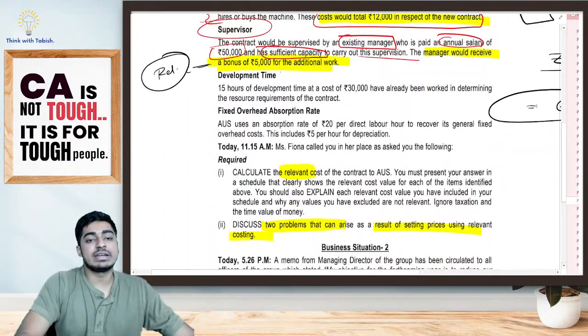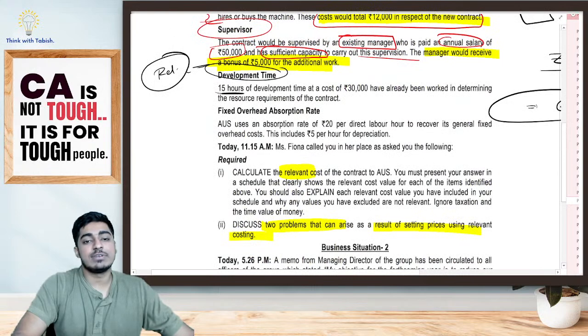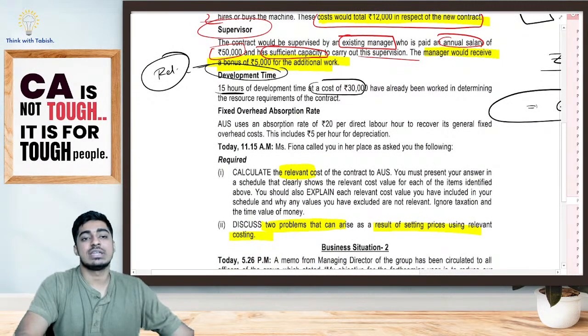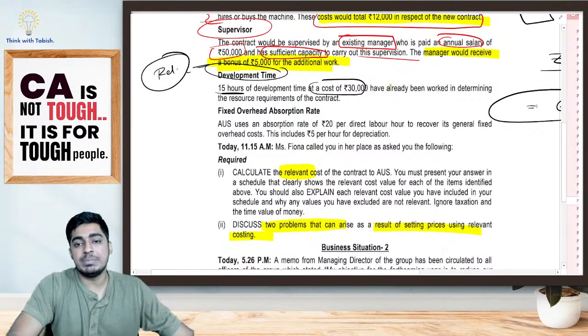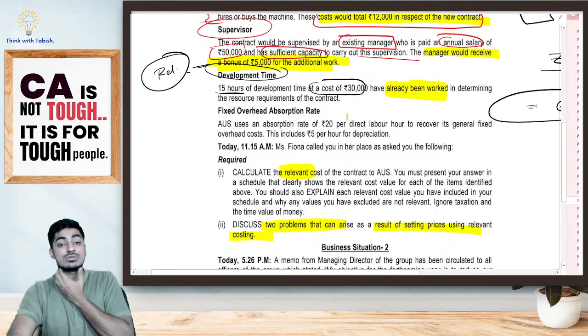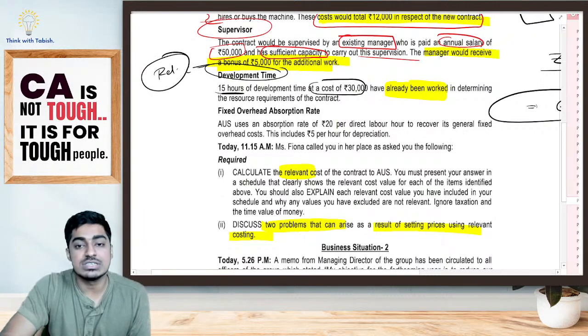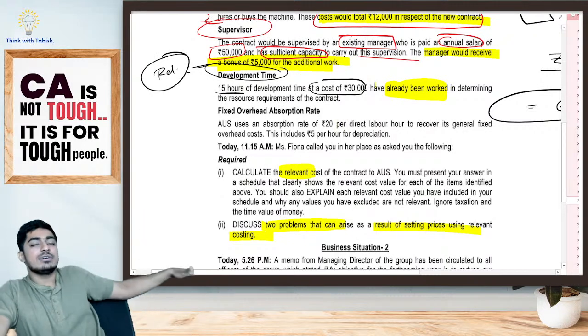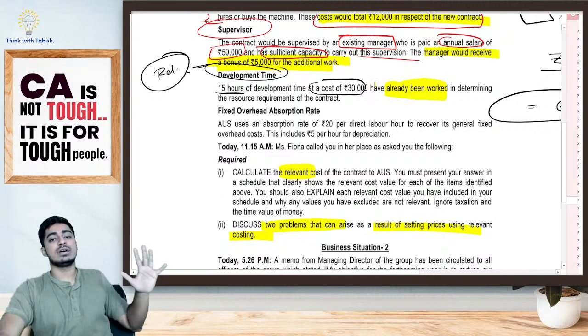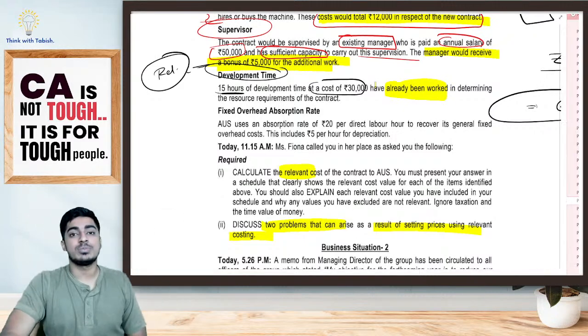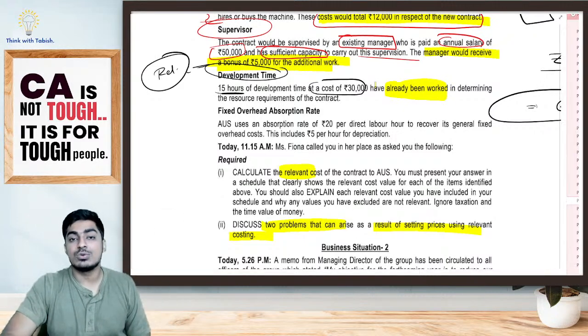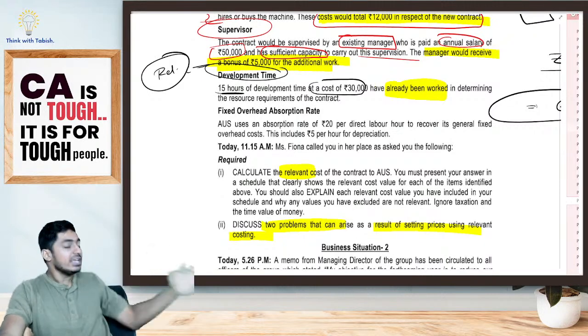Development time. 15 hours of development time at a cost of 30,000 have, look at the sentence, students, have already been worked in determining the resource requirements of the contract. What is this, students? Have already been worked in the past, have already incurred 30,000 rupees cost. Is it relevant now to take the decision? I've already incurred 30,000.